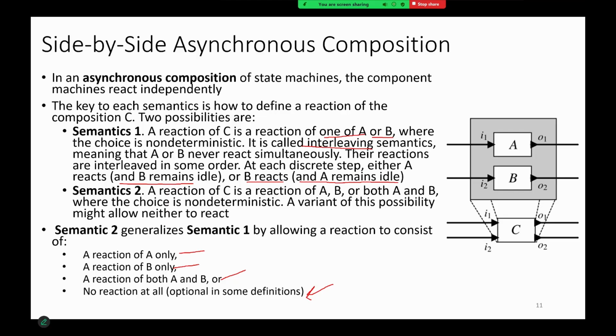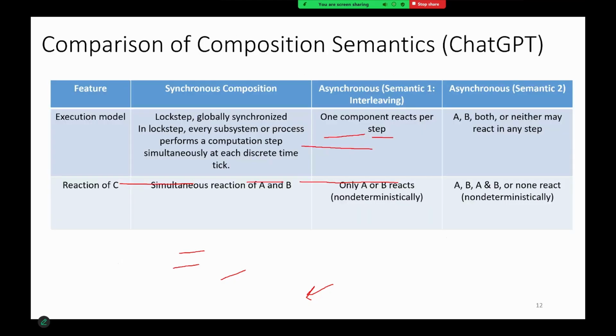So we are composing state machines, and we are studying the semantics of combining the state machines. I asked ChatGPT to build a table for the difference between synchronous, asynchronous semantic 1 and semantic 2, and it answered very well. So every column is one type.